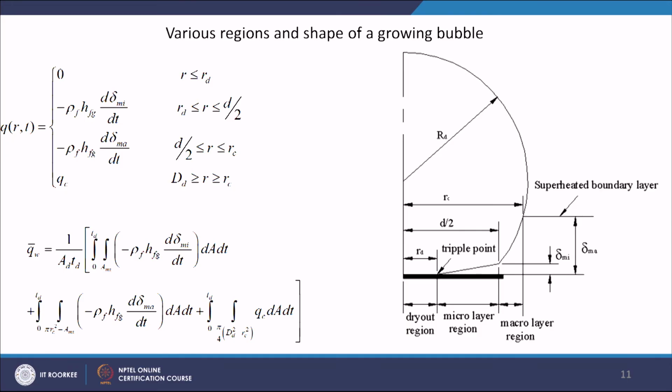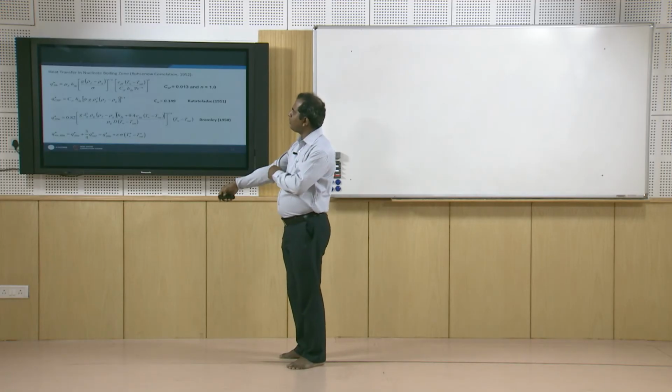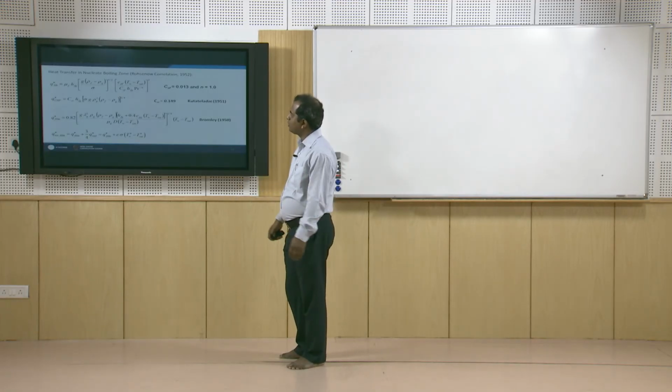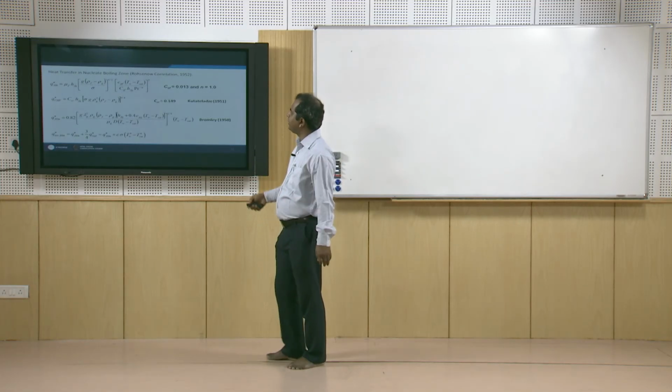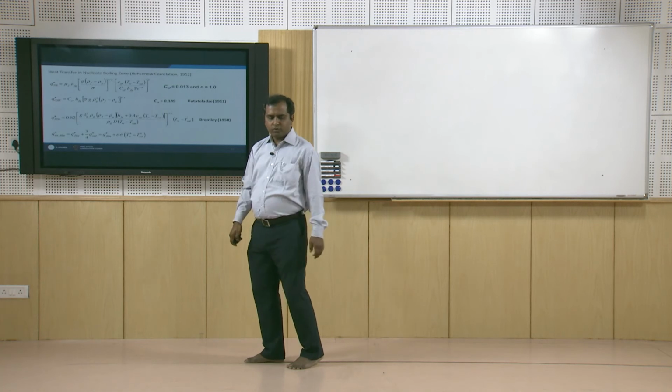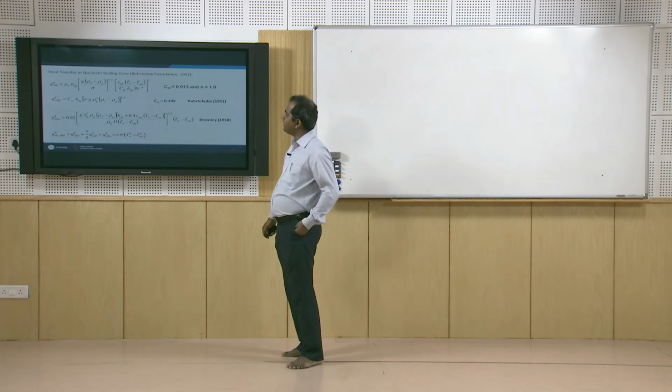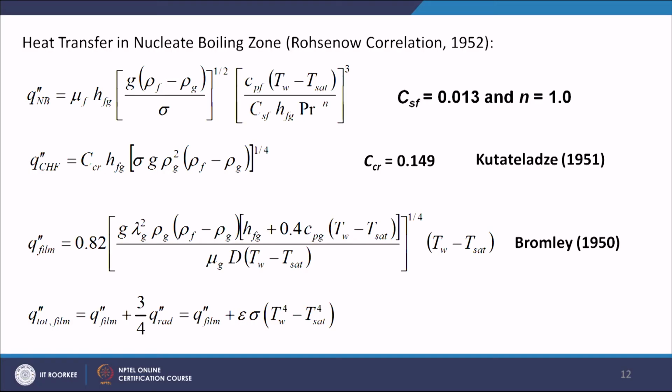Next, let us see that in case of nucleate boiling, what type of correlations are available. The best known correlation for nucleate boiling heat transfer is Rohsenow correlation. In the Rohsenow correlation, you will find that we have lots of empirical constants. Rohsenow correlation gives Q_NB, the heat flux in the nucleate boiling zone, and it is connected with T_W minus T_sat, which is your surface superheat.